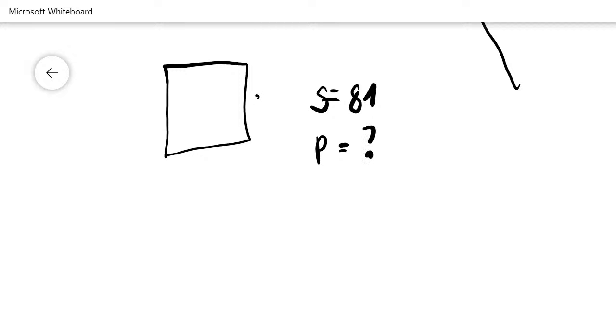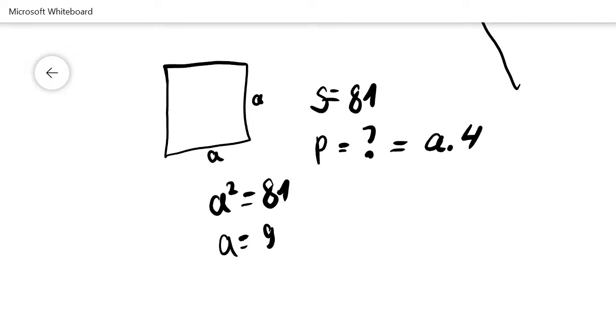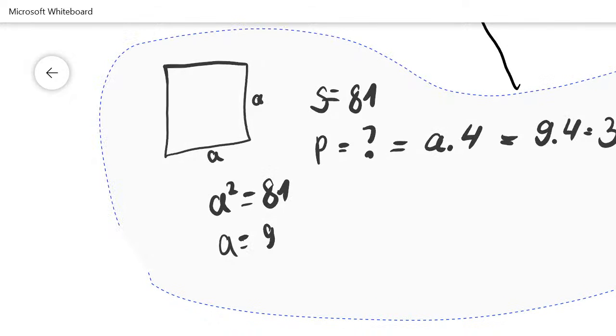We have that its side is A, just a random letter from the alphabet. A squared is equal 81, and I believe we all know that A is equal 9. We want the perimeter, which is equal A multiplied by 4, because it has 4 sides. So that's equal 9 multiplied by 4 equals 36. Let's erase it.